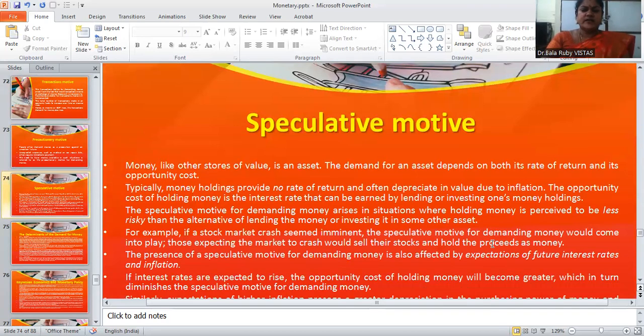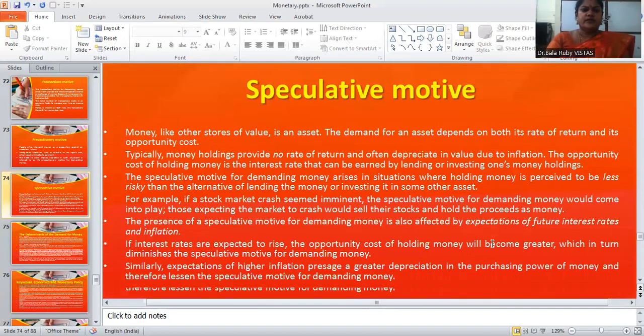Then let us concentrate on the speculative motive. Money, like other sources of value, is an asset. The demand for an asset depends on both its rate of return and its opportunity cost. Typically, money holdings provide no rate of return and often depreciate in value due to inflation.